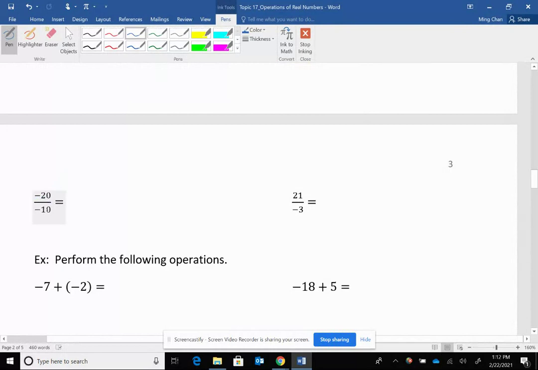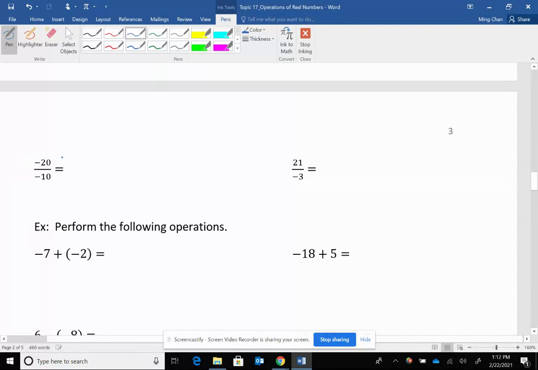Negative 20 divided by negative 10. Division between anything is one term. So a negative number divided by a negative number is positive, right? So my answer is positive 2. Positive 21 divided by negative 3. Positive divided by negative will be a negative answer. It'll be negative 7.